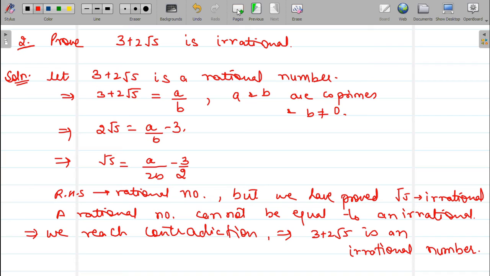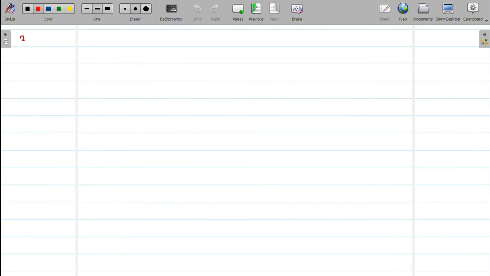Another one on the same concept, the third question can be: prove that root 3 plus root 5 is irrational. So this implies you have to prove this time that the sum of two irrationals is irrational, which is possible at times but not always.